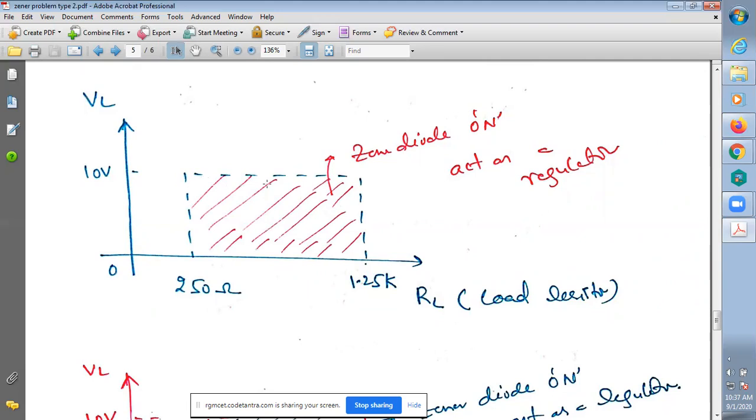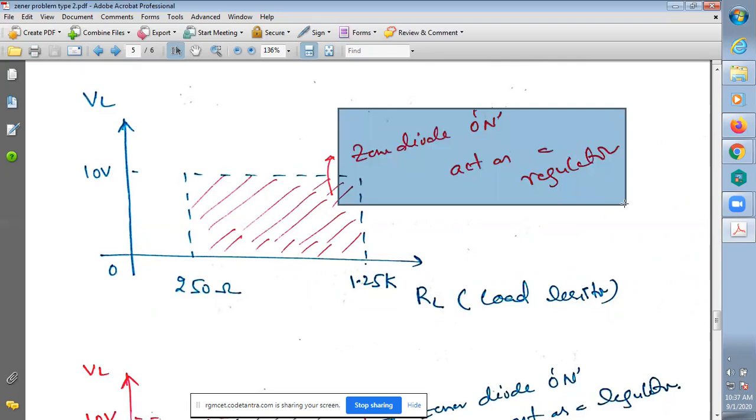So during this entire range of load resistor values, the Zener diode is in on state and acts as a voltage regulator. Voltage regulator means constant output voltage. It provides a constant output voltage irrespective of load variations.